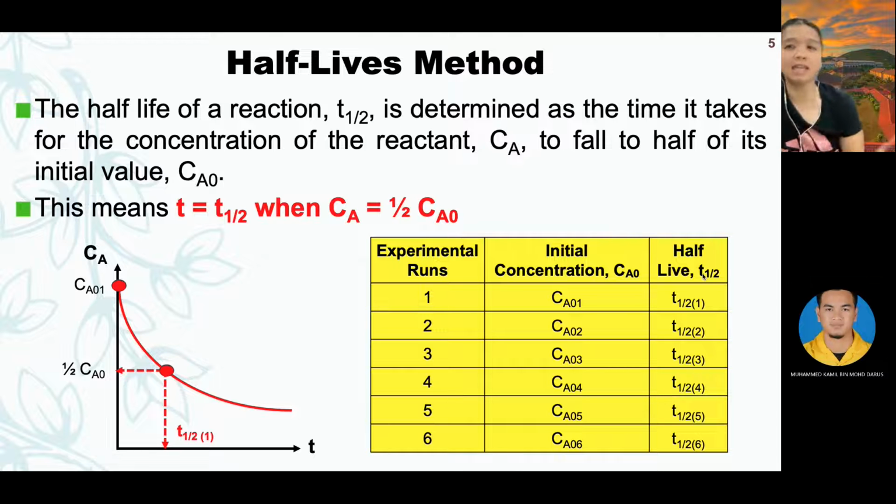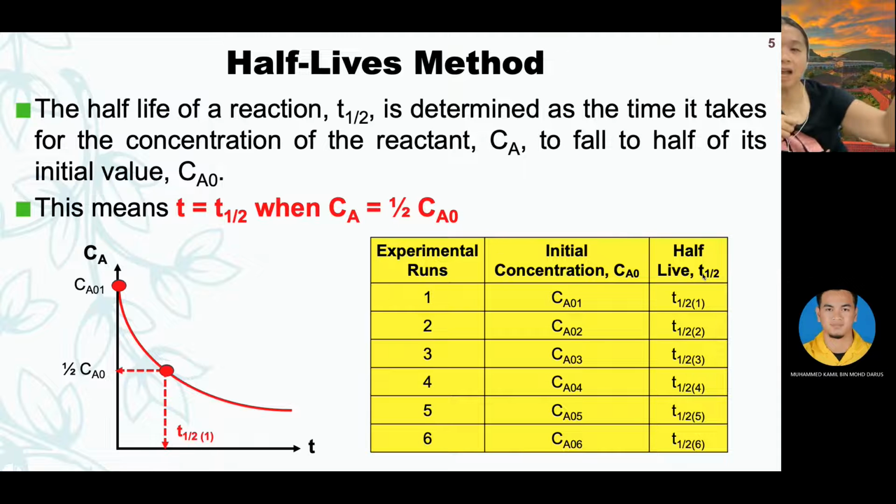Maksudnya, let's say in the first run, you prepare a solution. Let's say you prepare 5 molar of reactant A. So you put it in the reactor, right? Let's say in this case, every 1 minute you take out a sample and check the concentration of A. You keep checking until it reaches a time at which the concentration jadi separuh daripada concentration asal dia.